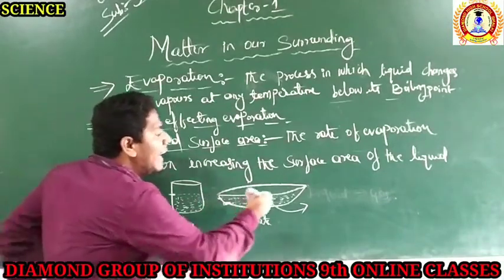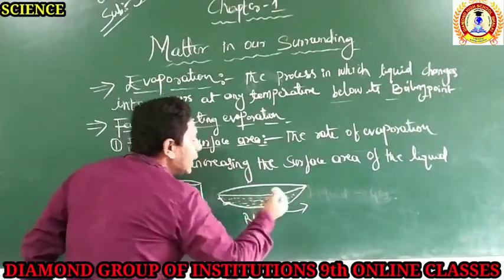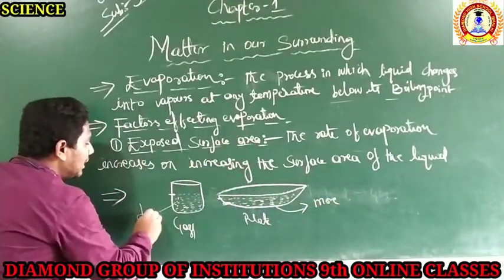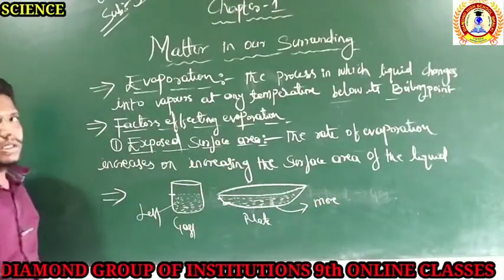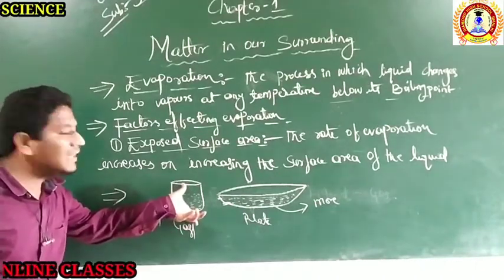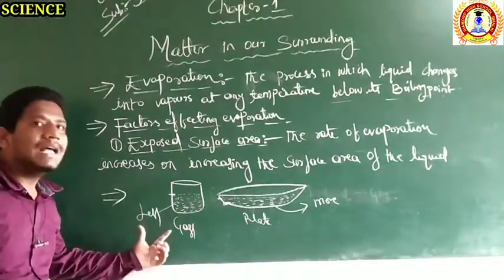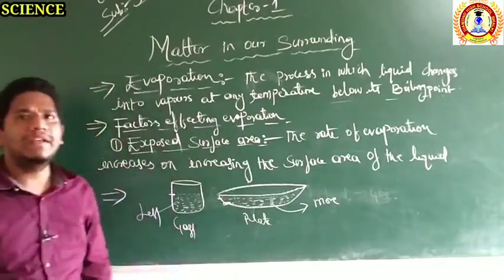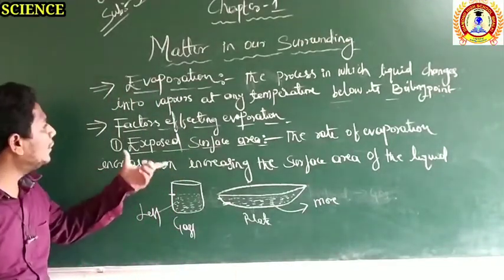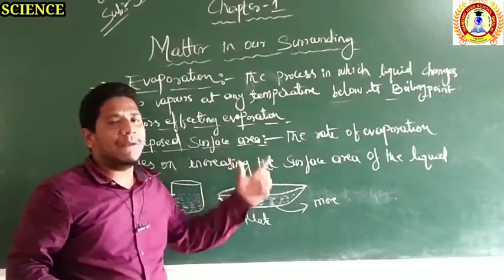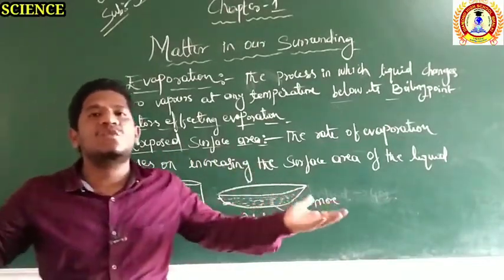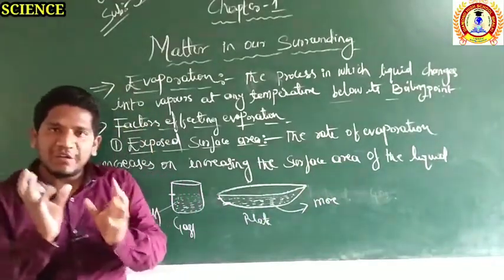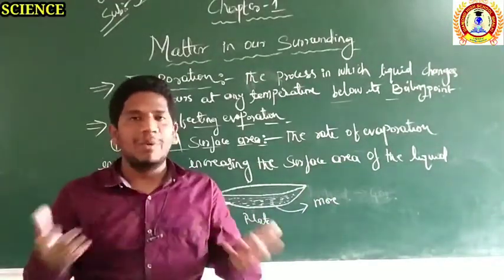But the evaporation in the plate is more than in the glass. The water in the glass evaporates less compared to the water in the plate. Why is it so? It is because of surface area. If the surface area is more, the evaporation will be more. If the surface area is less, the evaporation will be less.